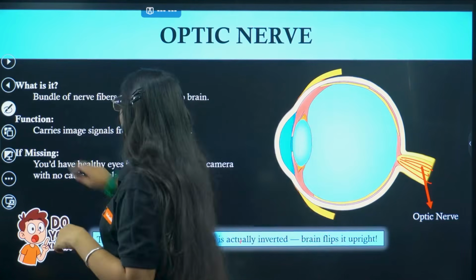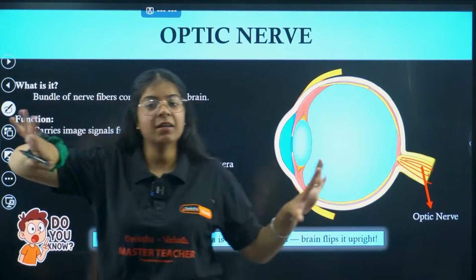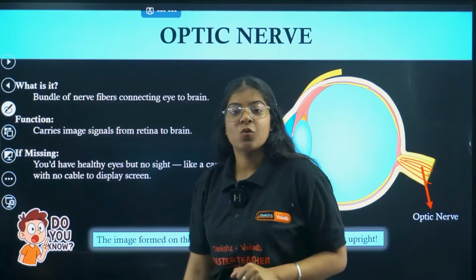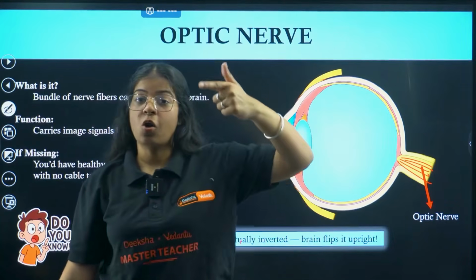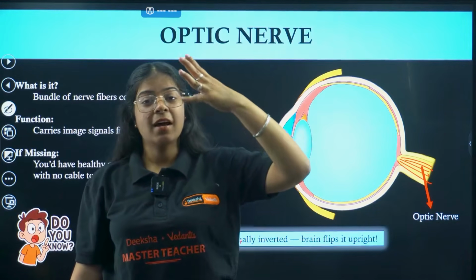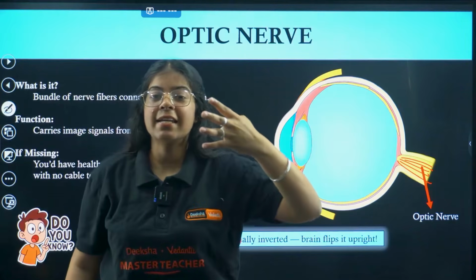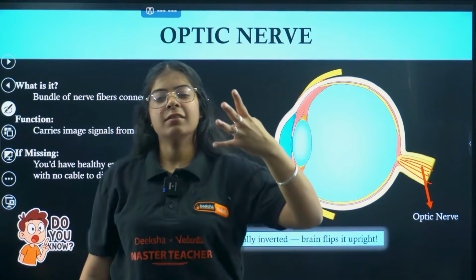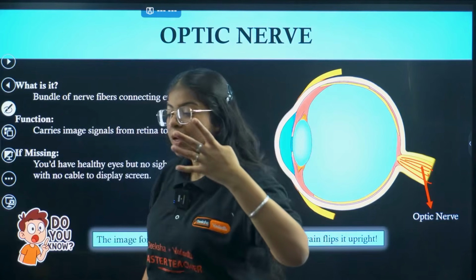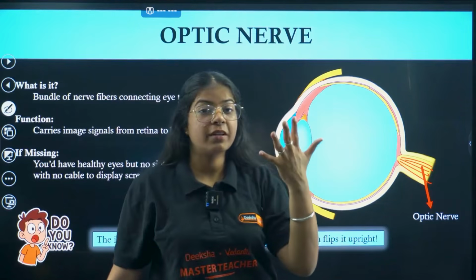Now, the eye is done. We are done with all the parts of our eye. So what did we study? First is the cornea, then the iris, then the pupil, then our crystalline lens. In between the cornea and the crystalline lens, there is a liquidy kind of thing which is aqueous humor. Then in between our lens and retina, there is a thing called vitreous humor.